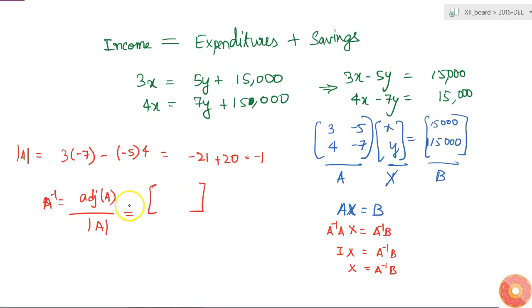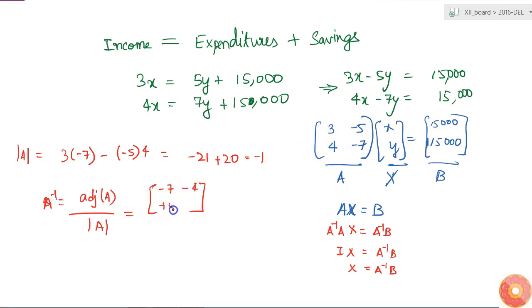Cofactor matrix transpose. So if I write down the cofactor matrix for a 2 by 2 matrix, for the first element the minor is minus 7 multiplied by plus 1, so it is minus 7. For this one I want the minor of this element multiplied with minus 1. The minor is 4, so it is minus 4.